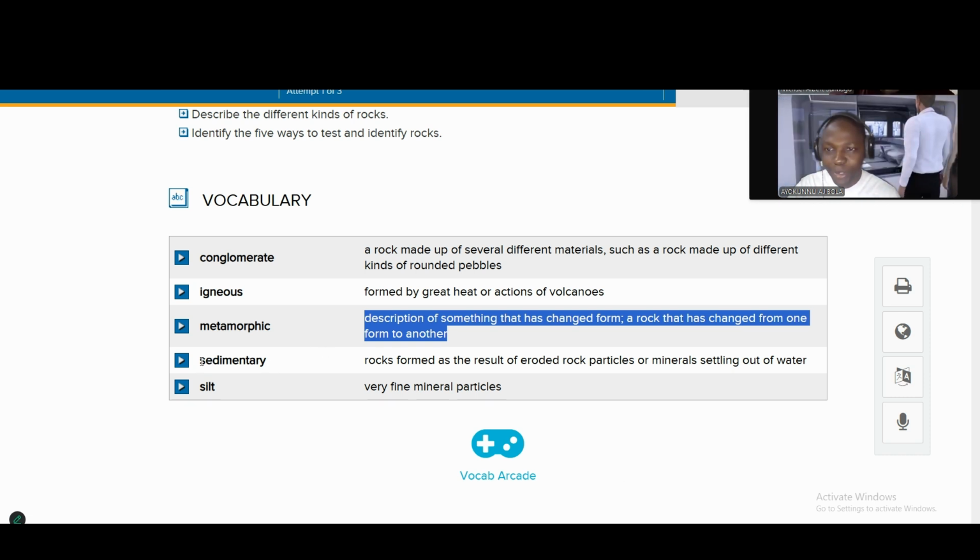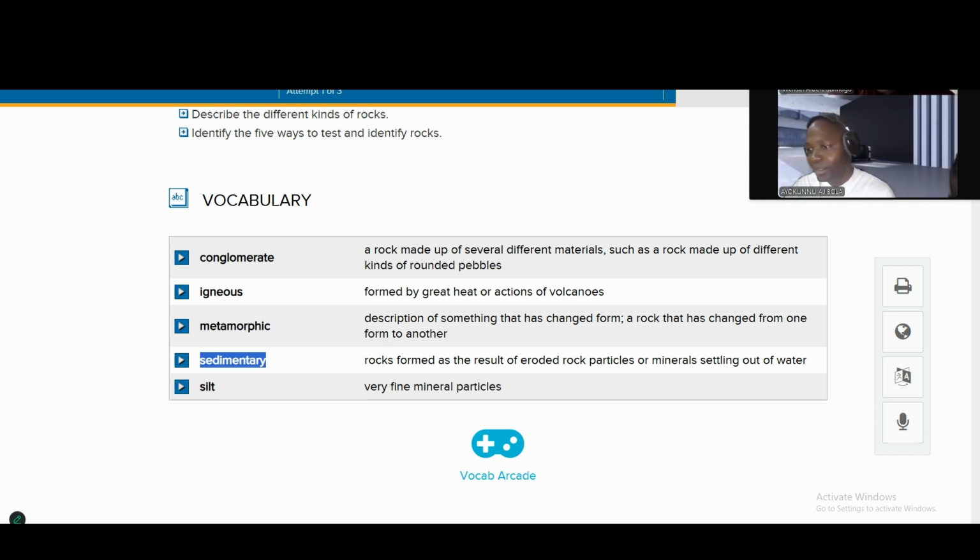So sedimentary. What's the meaning of sedimentary? Sedimentary rocks form as the result of rock particles or minerals settling out of water. Okay. What about silt? What does it mean? Do quick, we don't have time.